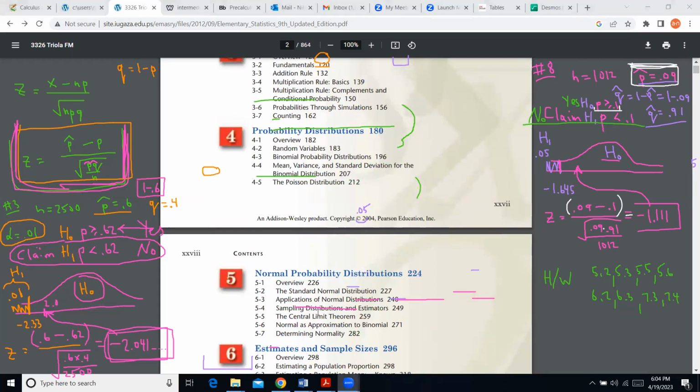So what we had in chapter 4 was 4.3 and 4.4, right? So these are sections that we have also been utilizing. So this is all we need for the final exam homework.